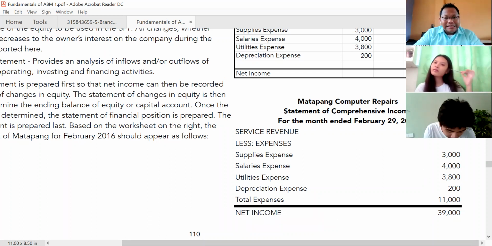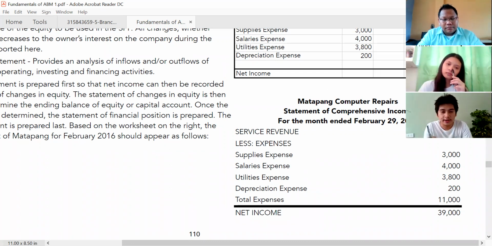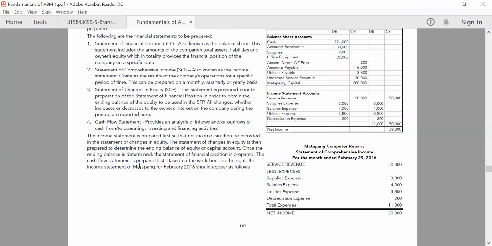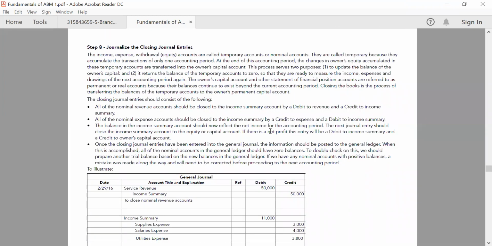Sir. If expenses are higher than revenue, what's the result? Yes, net loss. But if revenue is fortunately higher than expenses, you'll end up with net profit. Okay. Another financial statement. I think that's the only financial statement that's here.